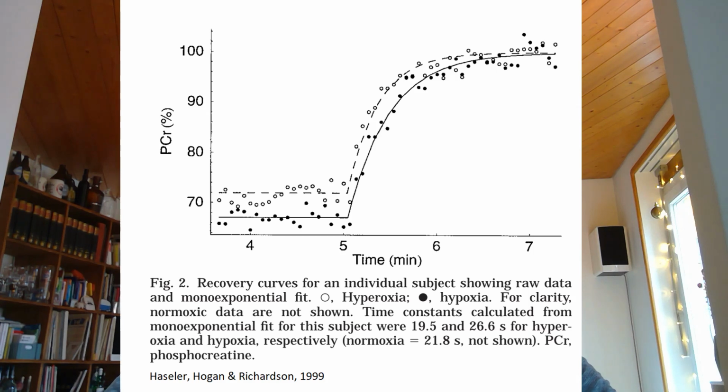You have two different curves: one in a hyperoxic environment, so with extra oxygen, and the other in hypoxic, with less oxygen. And you see that the recovery rates actually change. So this is the argument that it's dependent on O2 availability.